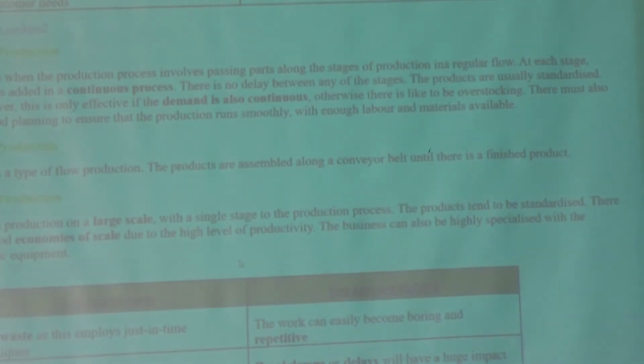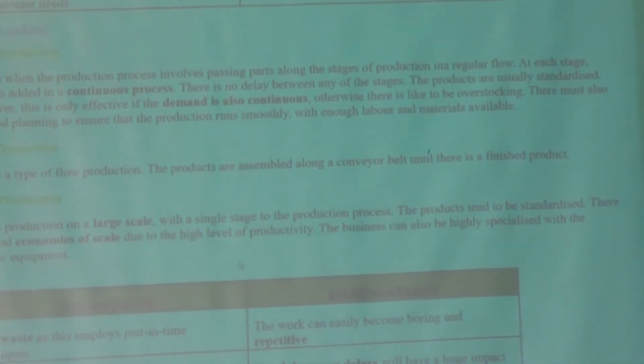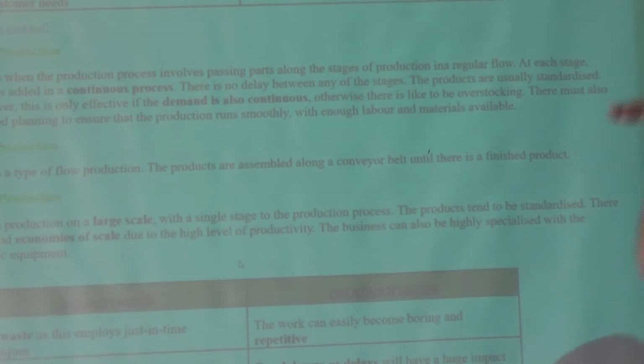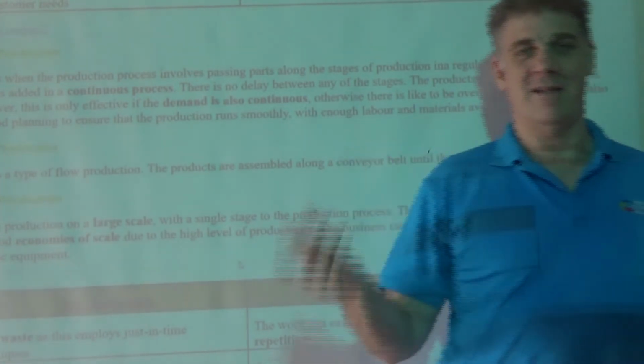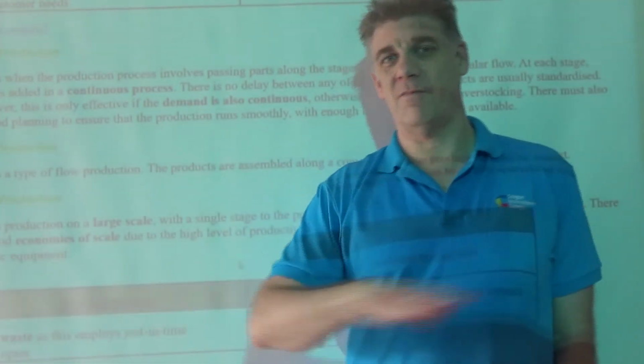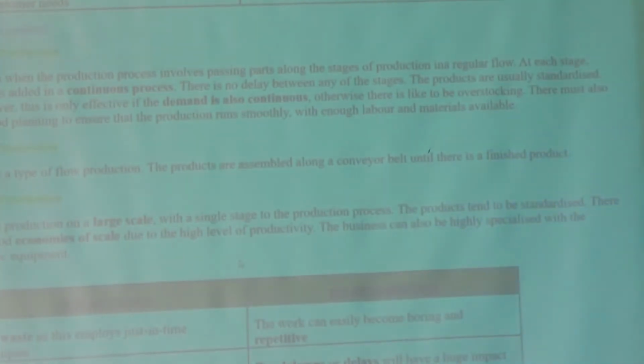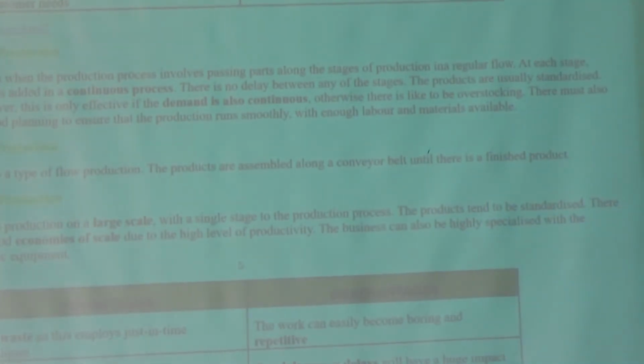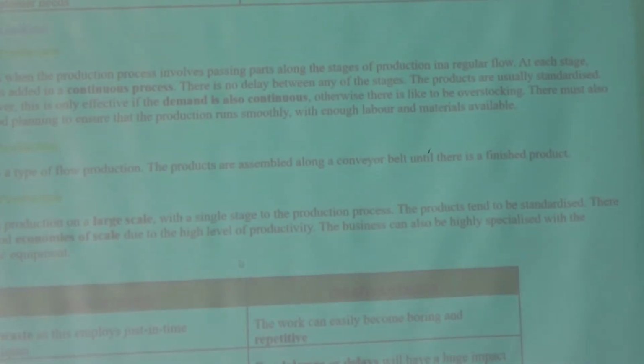It's not a true assembly line, right? Flow production is the assembly line, and it never ends. It's like Charlie Chaplin, right? It just runs and runs and runs until we make 10,000 Nike shoes or whatever we're trying to make.